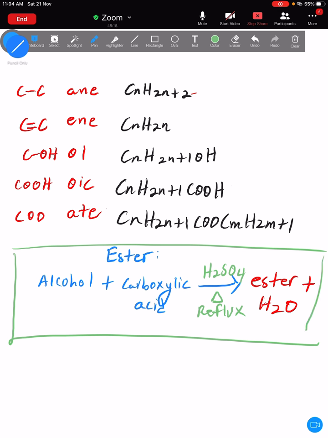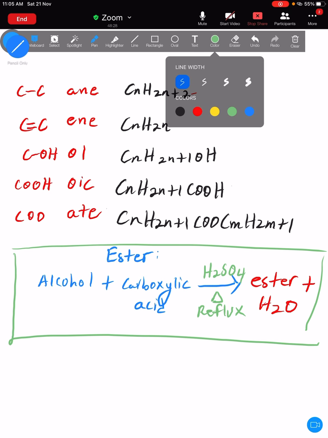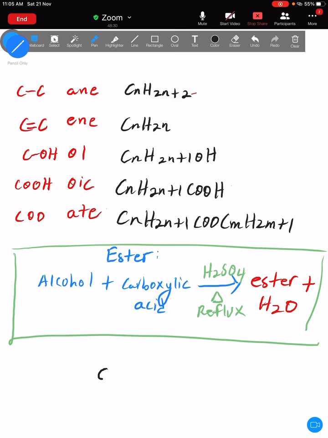Okay. Remember, guys, if they give you an ester, how to identify which one is the alcohol and which one is the carboxylic acid? Very simple. As you can see over here, you have C-C dash, just an example, O and OC.